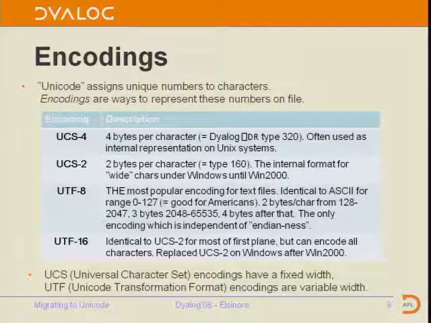The problem is only that it took people 20 years to get started with this stuff, and there were less than 65,000 characters to begin with, and then UTF-8 is there because it was compatible with ASCII, with single byte. But the way things have worked out now is that UTF-8 is the format that is generally used.